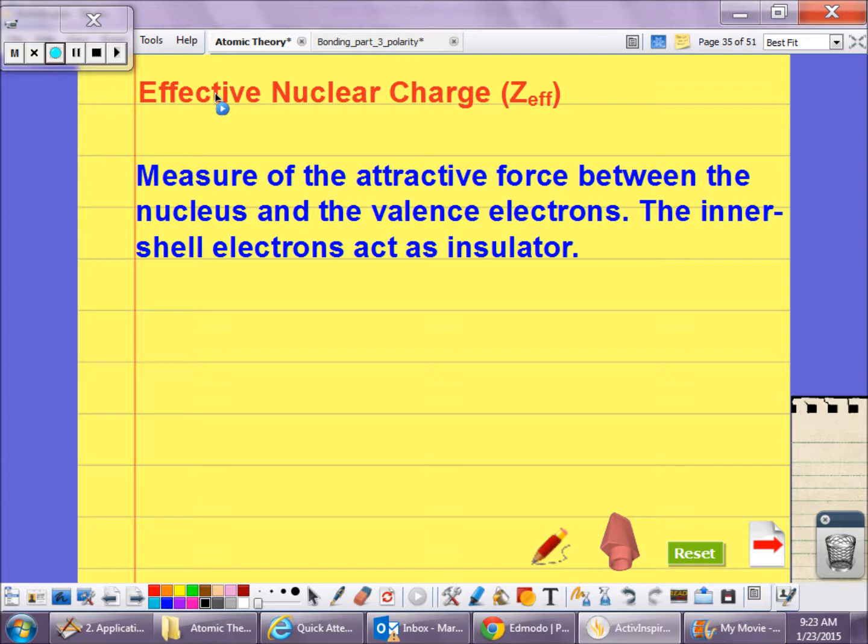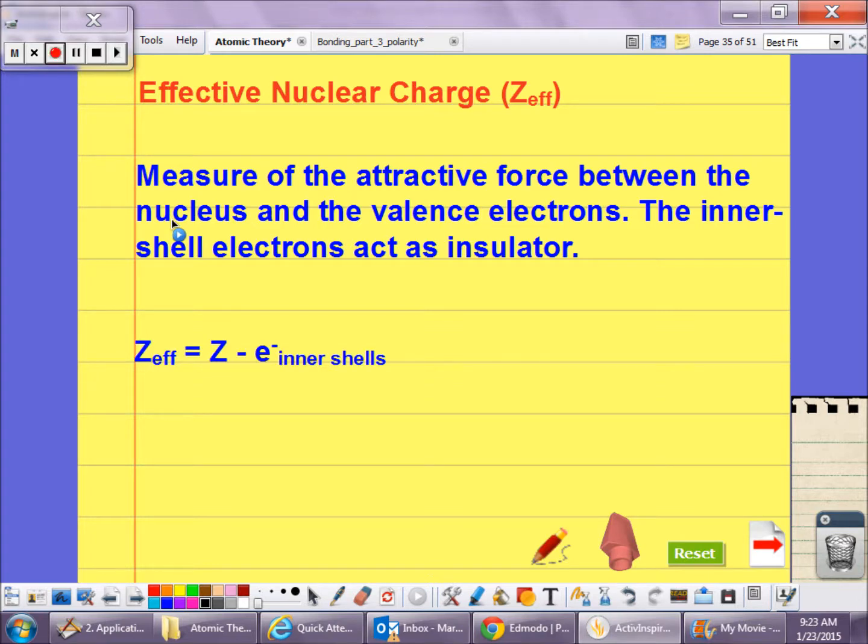Whenever you will be explaining the trend in atomic radius, in ionization energy, in electron affinity, in electronegativity, going across a period, I need for you to use effective nuclear charge as an argument to explain those trends. Effective nuclear charge is the force of attraction between the nucleus and those valence electrons. What do they really feel?